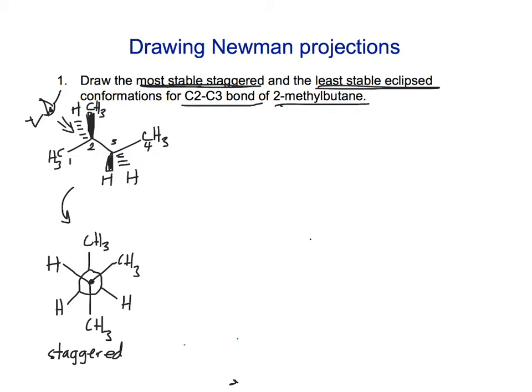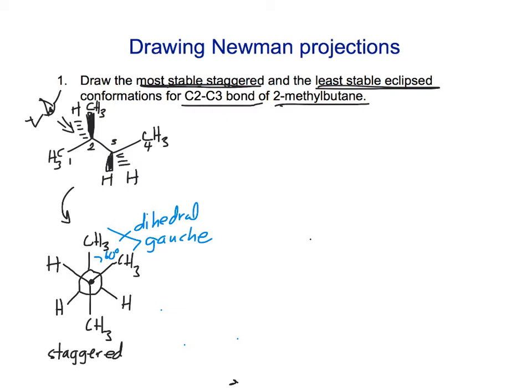Remember, as we look down this bond here from one methyl to the other, this is called the dihedral angle. And when this angle is 60 degrees, like between those two methyl groups, this arrangement of these two groups is called gauche. So that's a 60 degree dihedral angle between two groups.